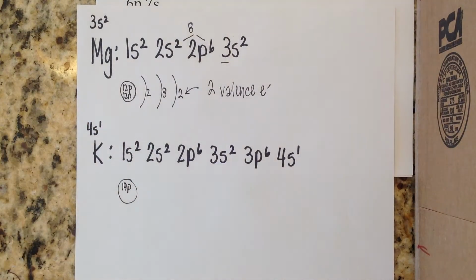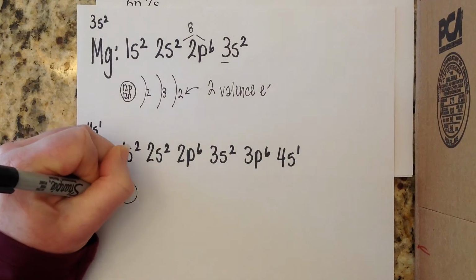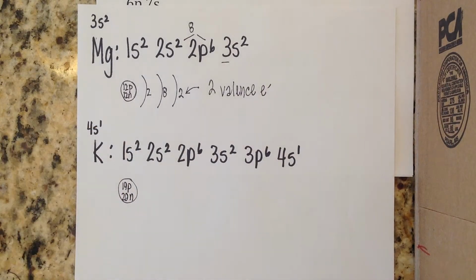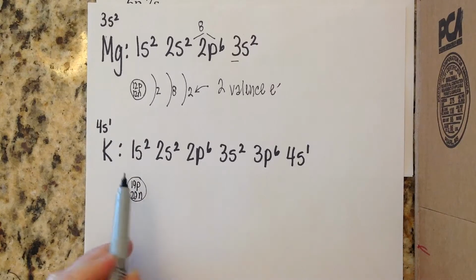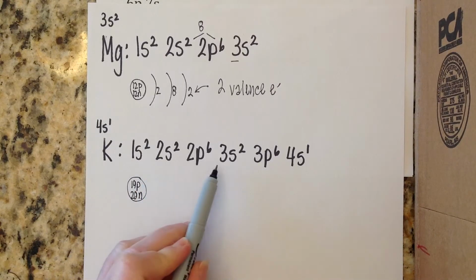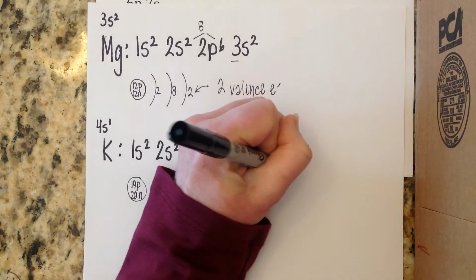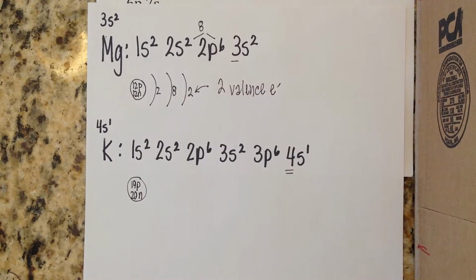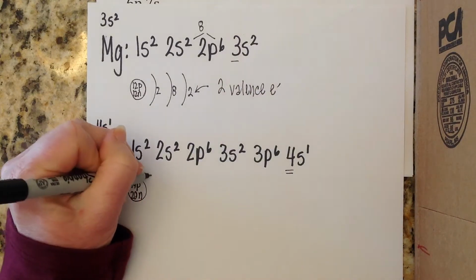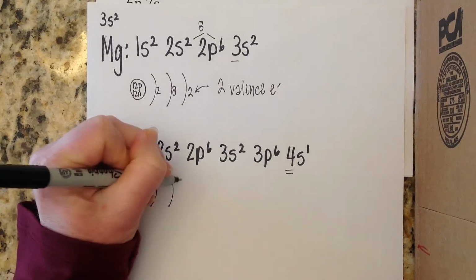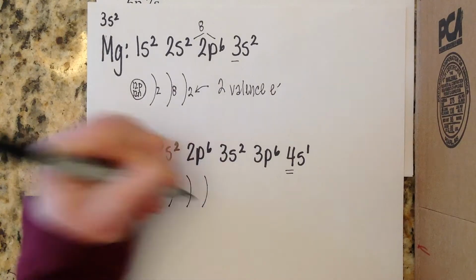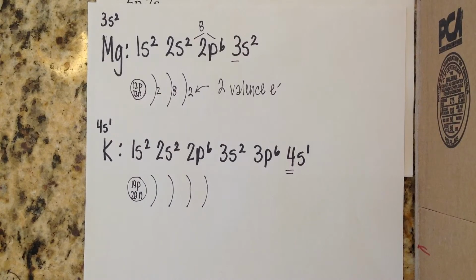Potassium also has a mass of about 39, round it to a whole number. 39 minus 19 is 20 neutrons. Now, as we peruse through these coefficients, we're looking for the highest row represented, which in this case is row 4. So we have 1, 2, 3, 4 levels of electrons.